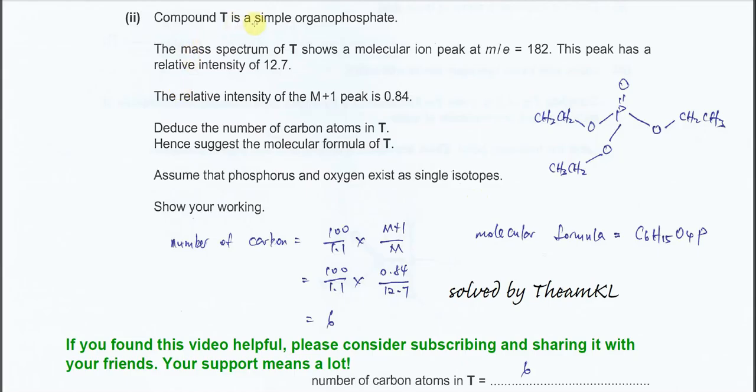Compound T is a simple organophosphate. The mass spectrum of T shows the molecular ion at m/e 182, and this peak has relative intensity 12.7, and the M+1 has relative intensity 0.84. Therefore, we can use the relative intensity of M and M+1 to calculate the carbon number.